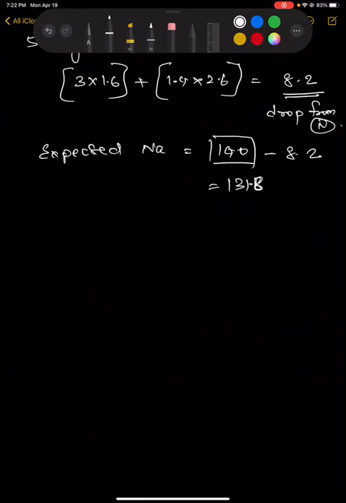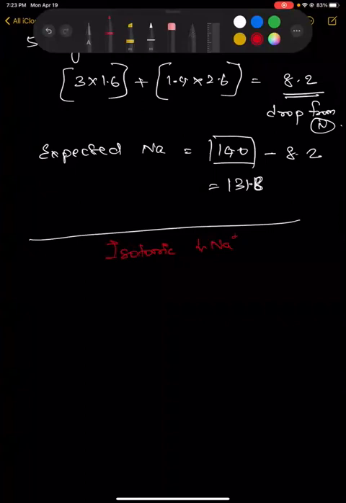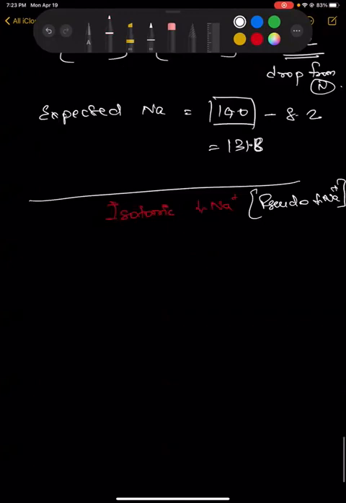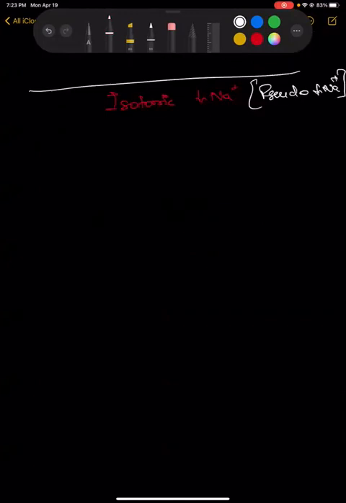The next I would like to talk about is isotonic hyponatremia. And this is the one which is termed as pseudohyponatremia. Why? I'll discuss. So first, how do we calculate sodium here?